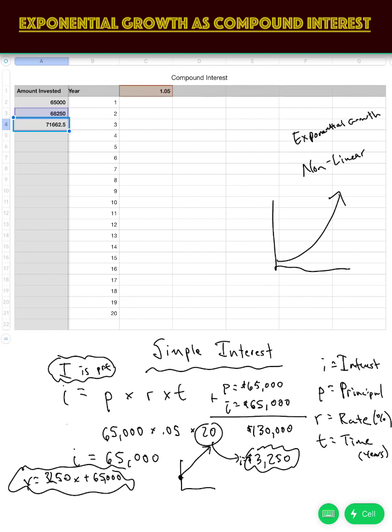So if we are the person earning interest, this is a really good thing, because we're earning interest on a bigger amount of money, which is why our growth is exponential. However, if we owe money, if we have a credit card debt, this is a really bad thing, because we don't want to be the person owing exponential growth. We want to be the person receiving exponential growth.